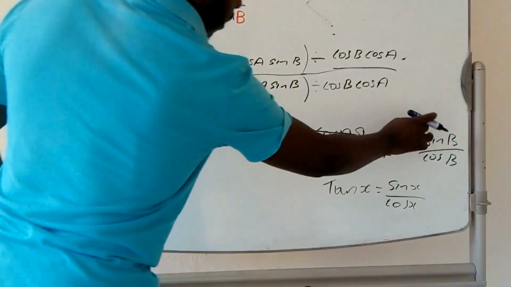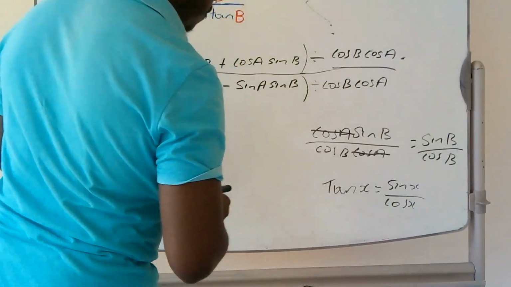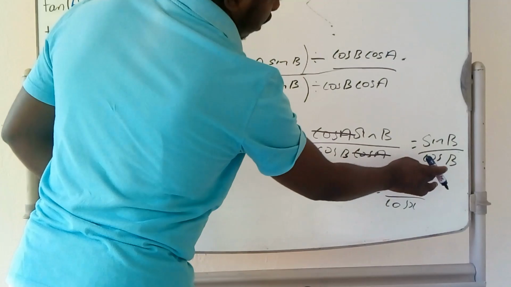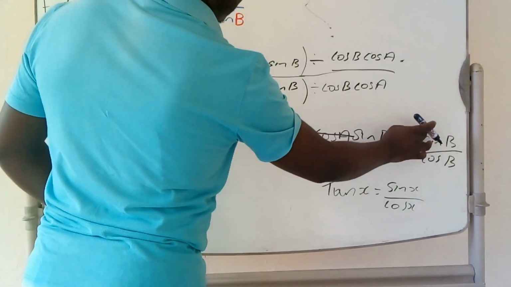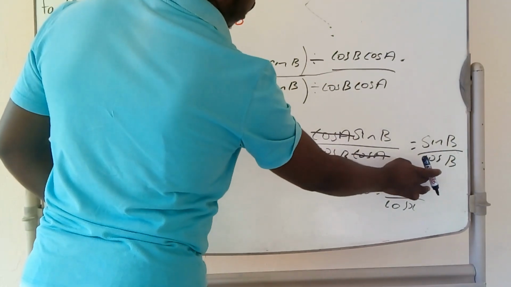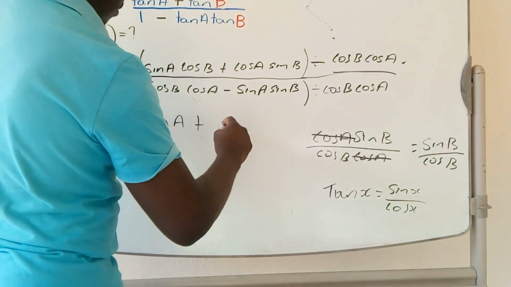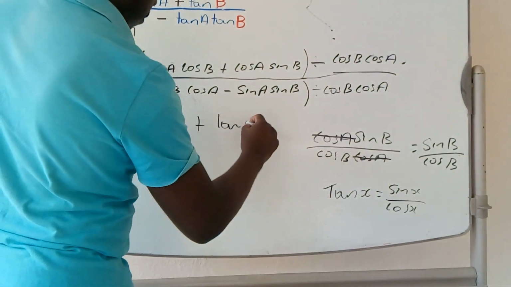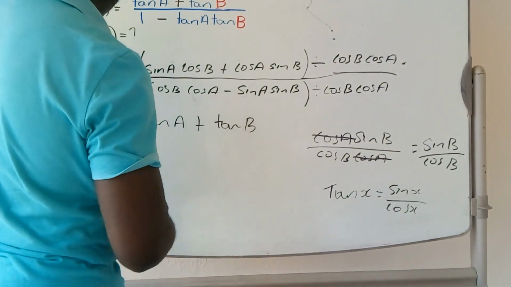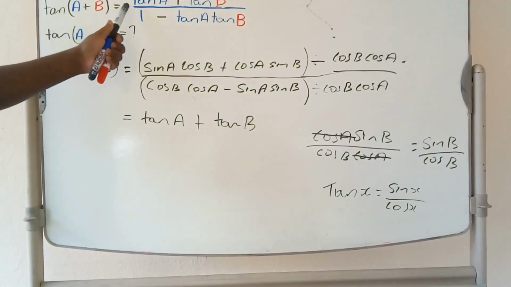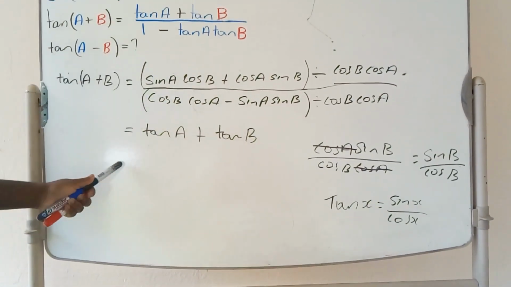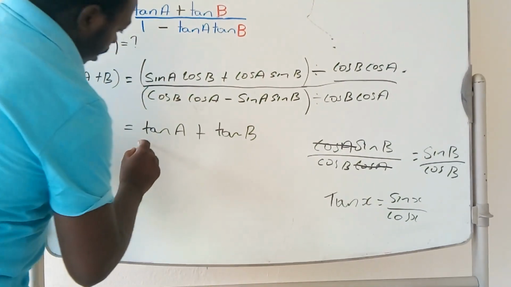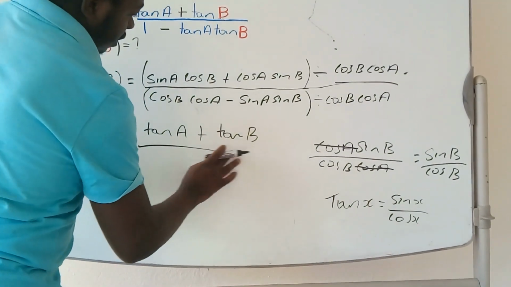So sine B over cos B is actually tan B. So instead of writing sine B over cos B, I'm just going to write tan B. So already it looks like I'm getting close to proving this thing. I already have the numerator, right? So now I'm going to focus on the denominator here.